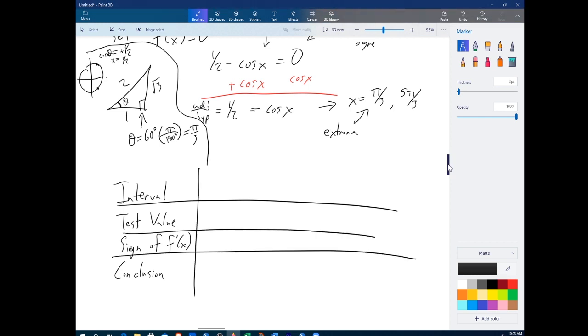All right, so let's see, our interval was from 0 to 2 pi. So I'm going to go from that 0 to the first extrema. From the first extrema to the second extrema.